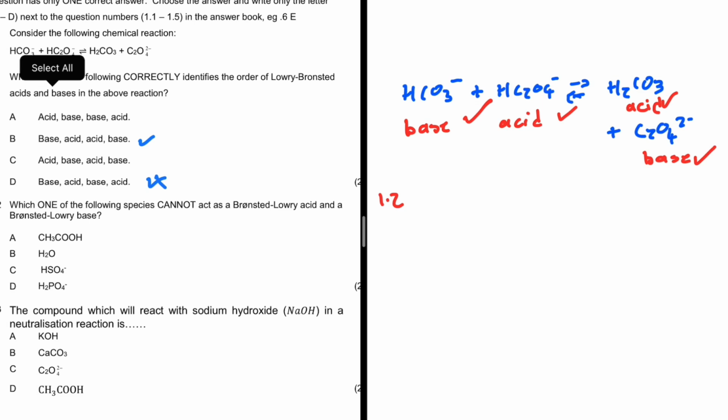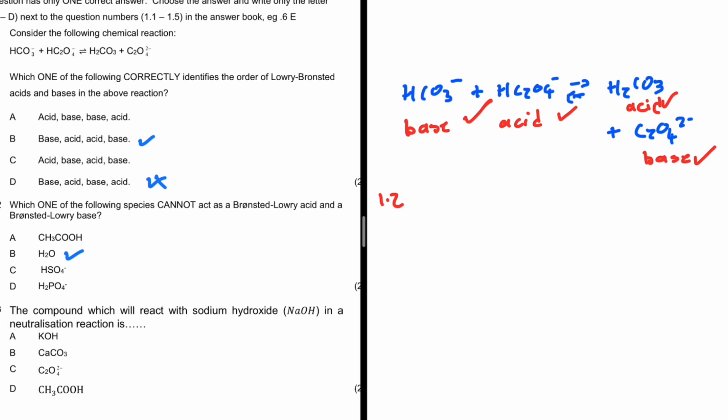We are looking for a species which cannot act as a base and act as an acid. We know fully well that H2O is amphiprotic. It can act as both an acid and a base. So option B cannot be our answer because we are looking for a species which cannot.